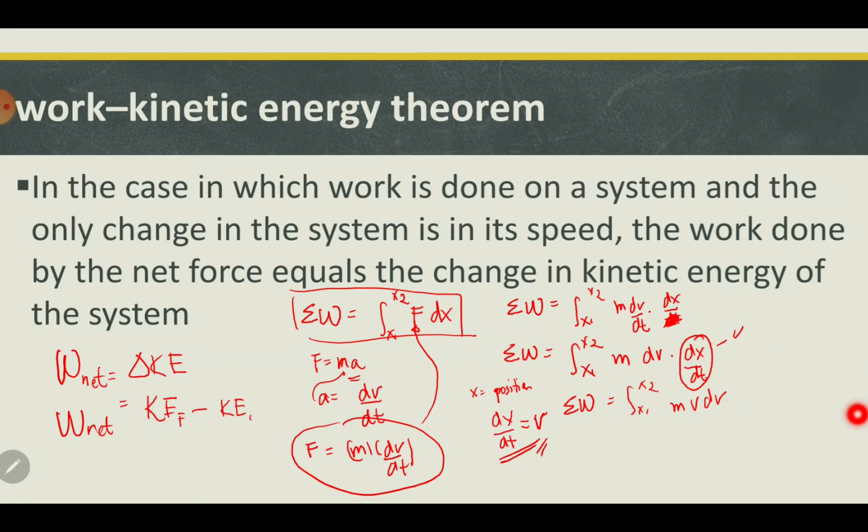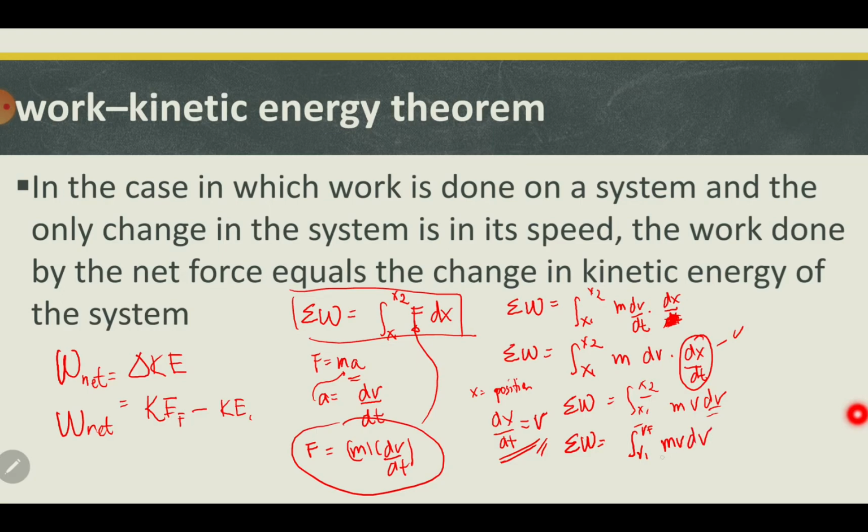Since we will not need x sub 1 and x sub 2 as limits, our new differential will be dv. So therefore, we will change the limits from vi to vf. So we have the summation of W is equal to the integral from vi to vf of mv dv.